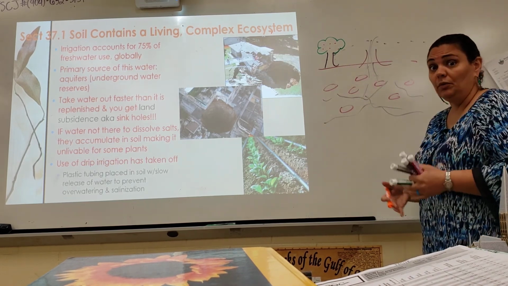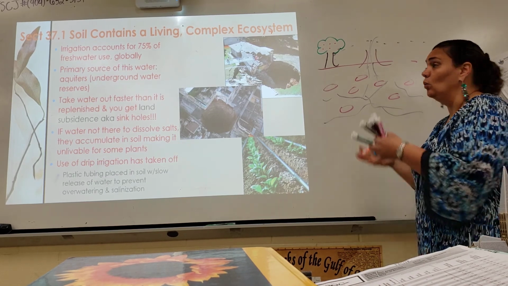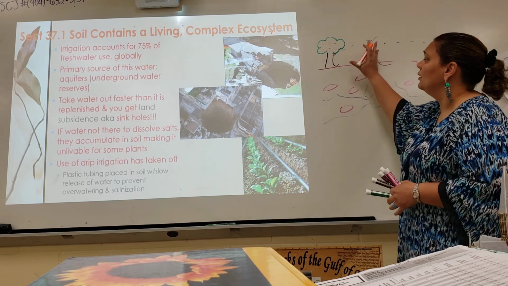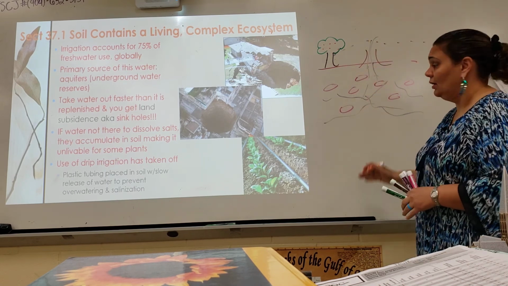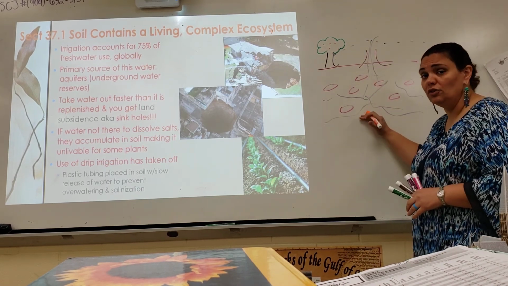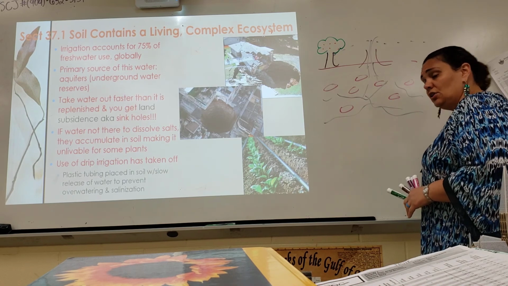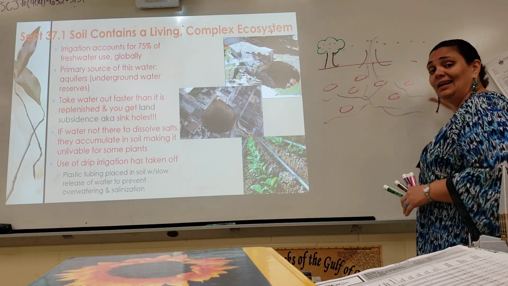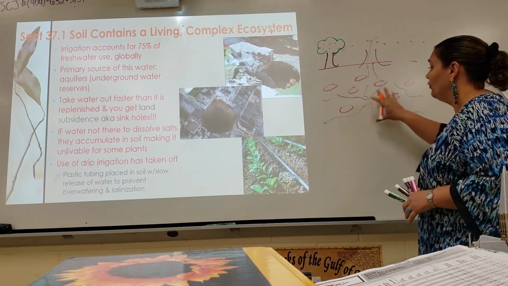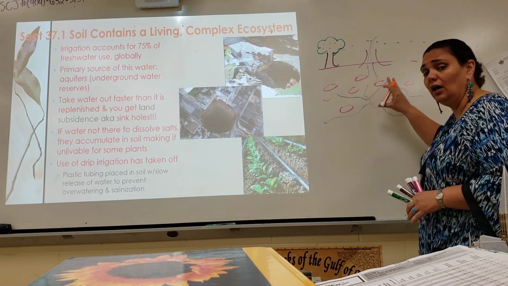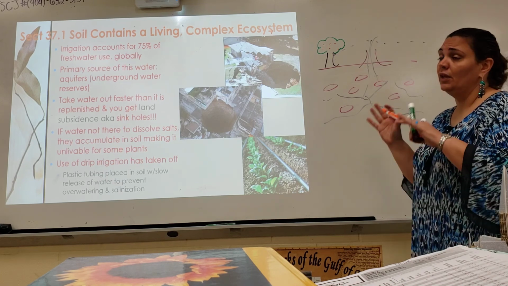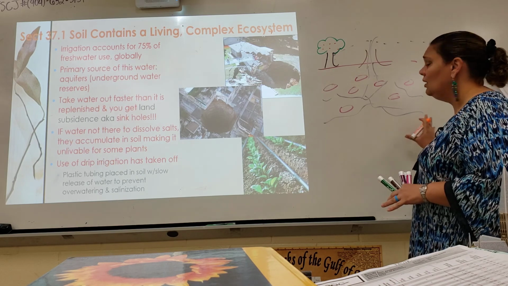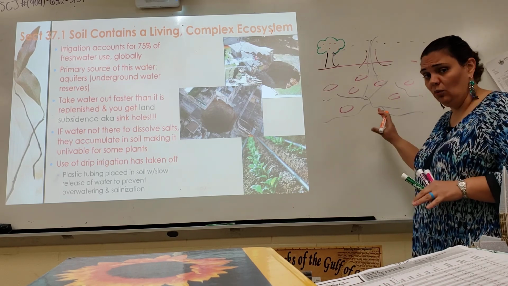Now, don't get me wrong, that's a huge industry for Florida. We need our orange groves up and running. Problem is that we were sucking up so much water that the aquifers are getting lower and lower. And remember, if our fresh water in the aquifers gets below the saltwater level of the ocean, then that saltwater level is going to come in and mix with the fresh water in the aquifer, and then we have a big problem because now our freshwater aquifer is no longer fresh, and that aquifer that feeds not only the state of Florida, a good section of Georgia, and I want to say a section of Alabama, is no longer fresh water, it's now salt water.